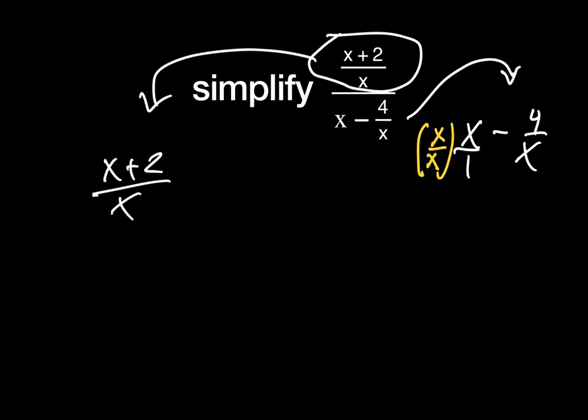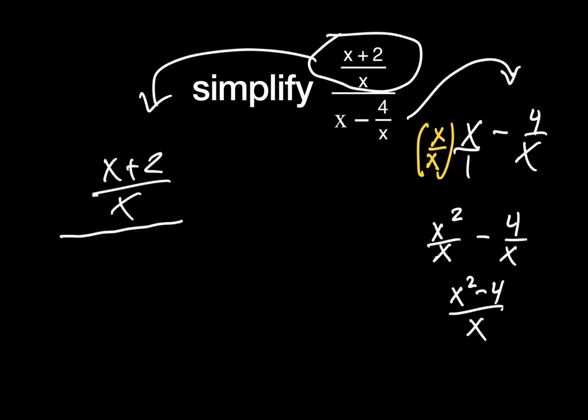Because x over x is 1, I'll have x squared over x minus 4 over x. And that can combine to x squared minus 4 over x. So my denominator, when combined together into a single fraction, is x squared minus 4 over x.